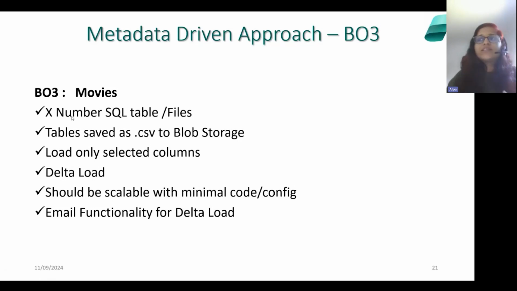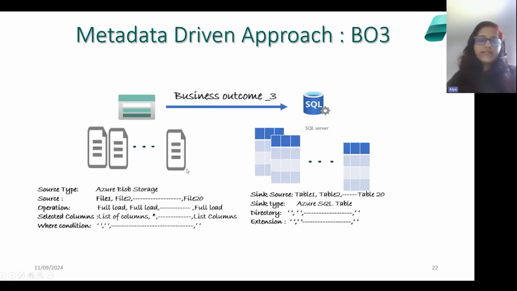That doesn't mean all files have to do a delta load. Maybe one file needs a delta load, one file needs a deletion, and one file needs a full load, or nothing, like just an update. All of it can happen, it is possible as well. So this is the same thing we saw earlier, but the only difference is that here we are using tables.